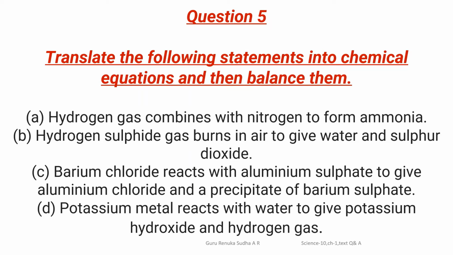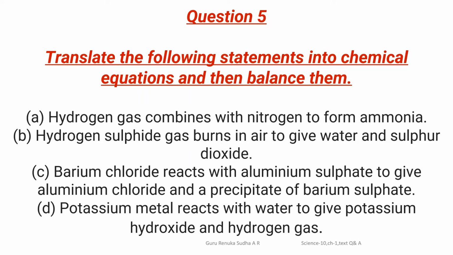Already you know that there are two kinds of chemical equations: word equations and symbolic equations. They're asking you to write this word equation in the form of a symbolic equation. First one, hydrogen gas combines with nitrogen to form ammonia.